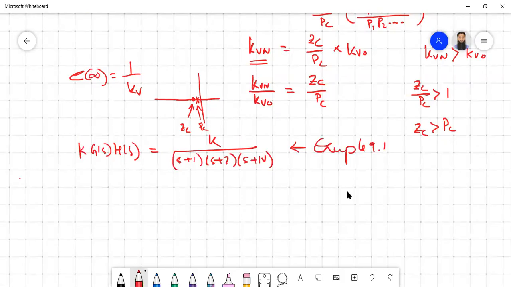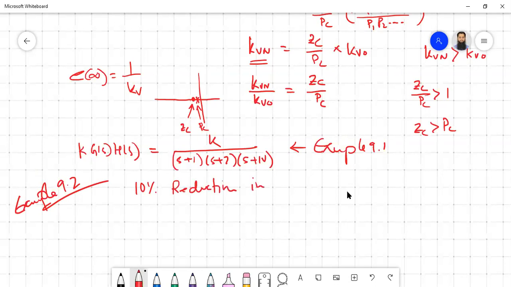So we are continuing with example 9.2. Basically what they are asking you to do is a 10% reduction in your steady state error.